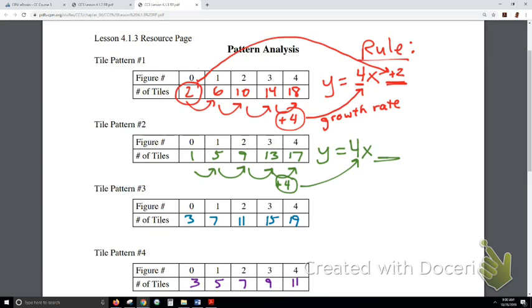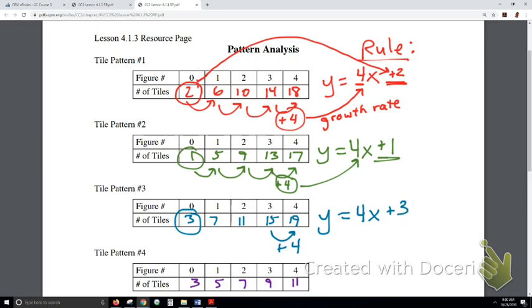And how many tiles are in figure number 0 here? Well, it's simple. When you have a table, you just look at your table. We have 1, so I'm going to write plus 1. Then we're going to move on to the next one. Again, same thing. It's increasing by, you guessed it, 4 again. So it's going to be y equals 4x, and then figure 0 has 3 tiles.